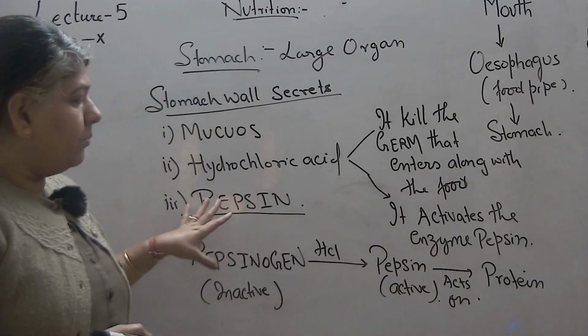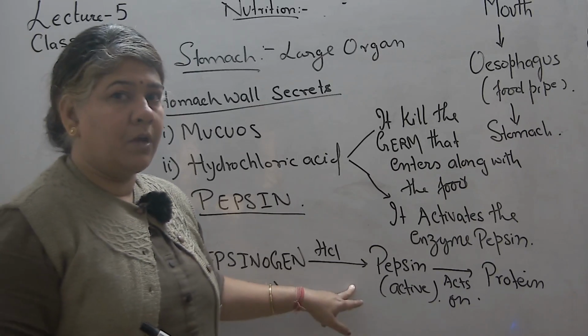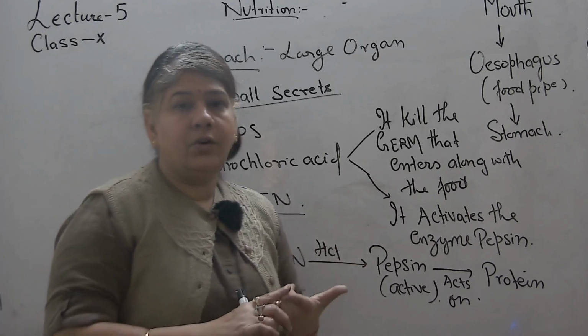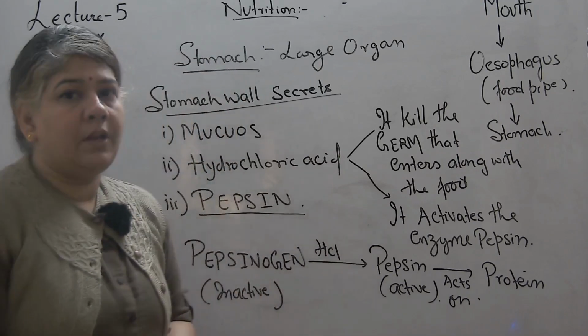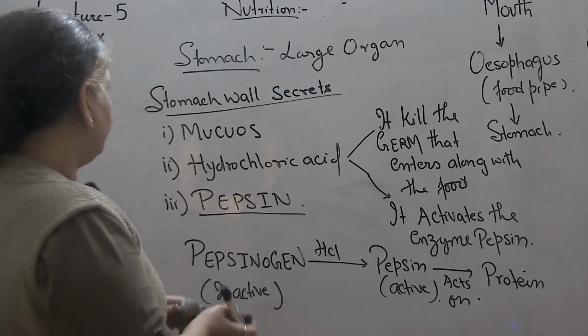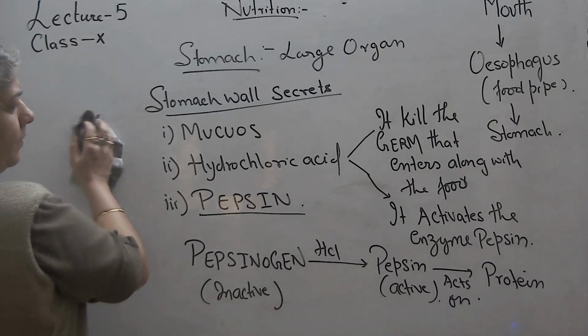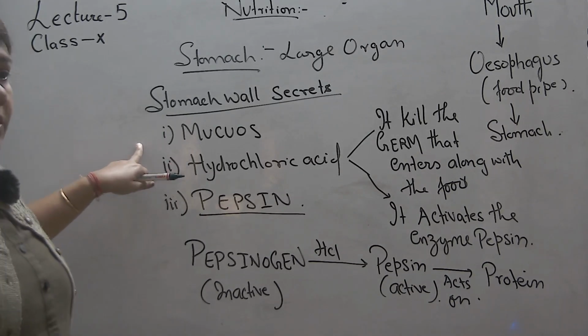So one important point that comes here is that digestion of protein begins in the stomach. We studied that digestion of carbohydrates begins in the mouth and digestion of protein begins in the stomach. So make this important point. Okay, what is the role of mucus?